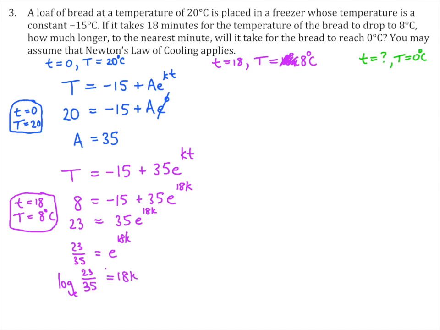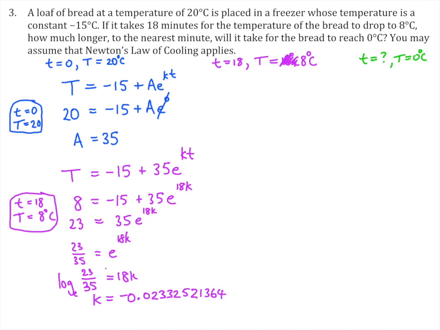Take the natural log of 23 over 35, and divide by 18, and we get k is equal to minus 0.02332521364. Wow, that's our value of k now.